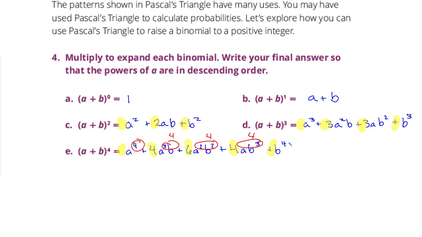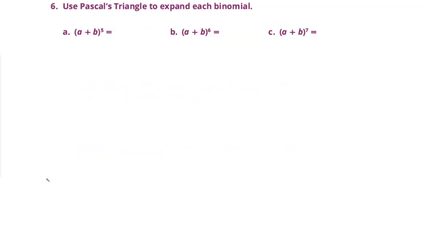Where is that 4 coming from? It's the exponent on the binomial, and you know that those exponents are going to combine to equal 4. If I had a 6th power, those exponents are going to combine to be that 6th power. So I want you to take this time and expand each binomial using Pascal's triangle, and I'm going to let you see the answers as we go through it.